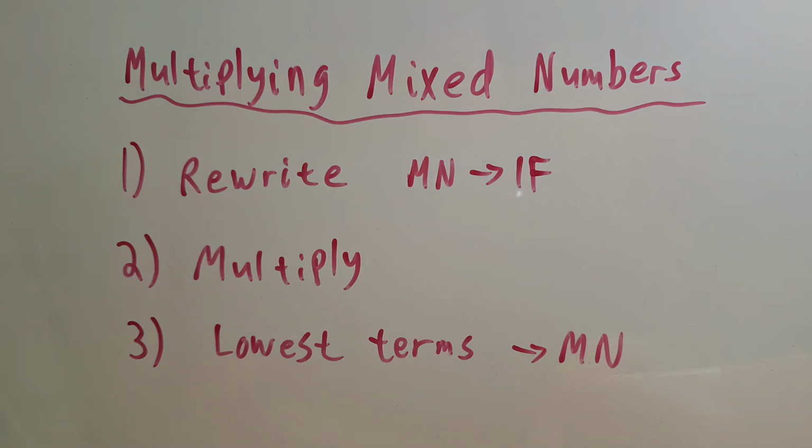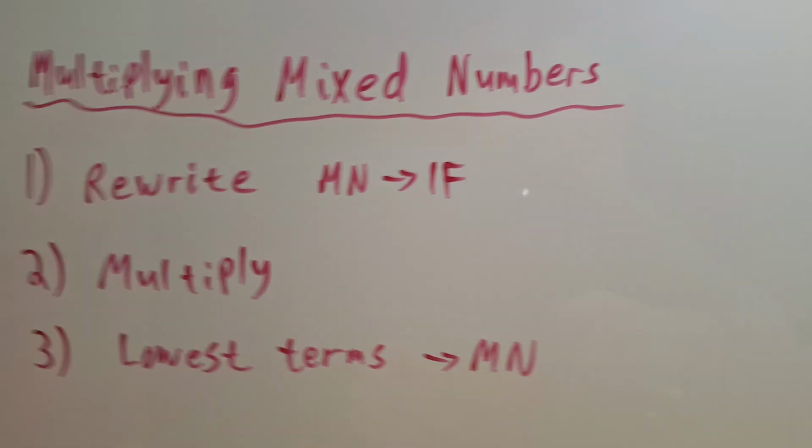Sometimes we may end up with a whole number answer once we're done multiplying, but the good news is that this step will give us an answer that is in simplest form, so we won't have to worry about doing any more reducing. So let's go ahead and take a look at a couple of examples.